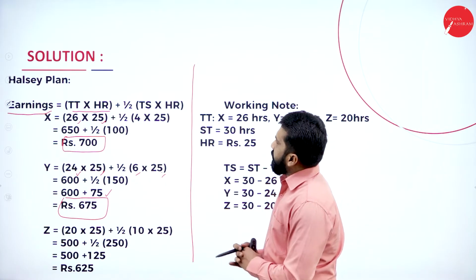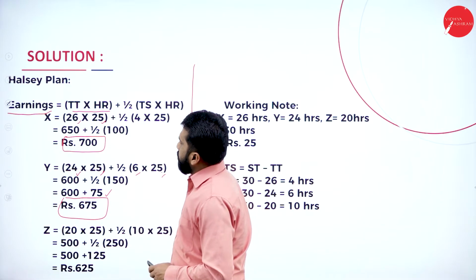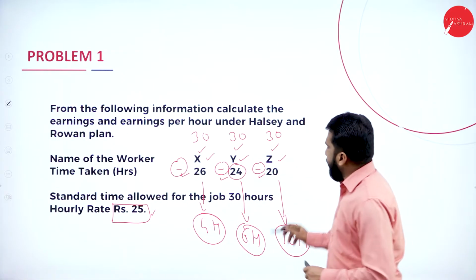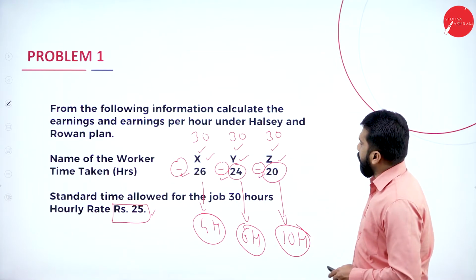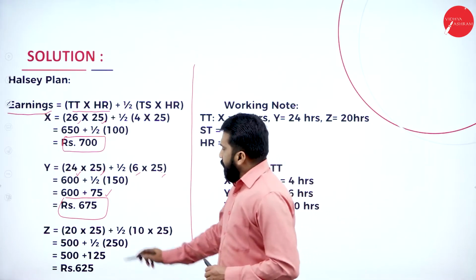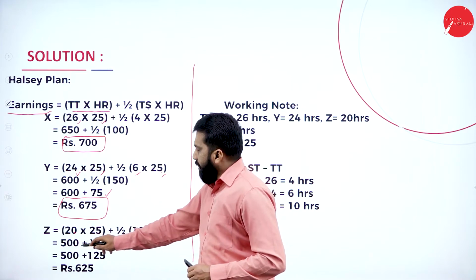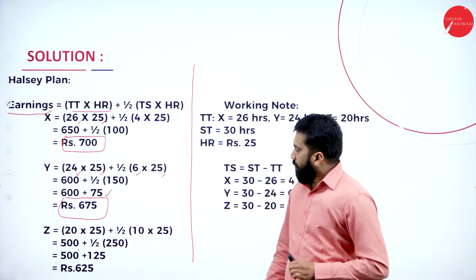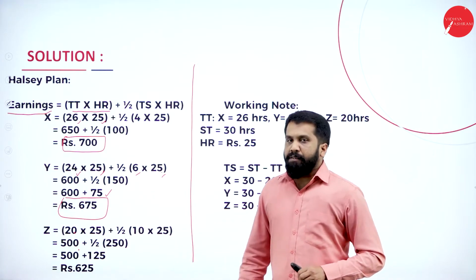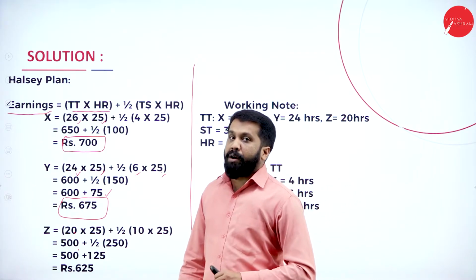How to calculate Z? Simple. As per this, Z has taken 20 hours. He has saved 10 hours now. So 20 into 25, he got around 500. He got 500 now. Then 10 into 25. How many hours are saved?